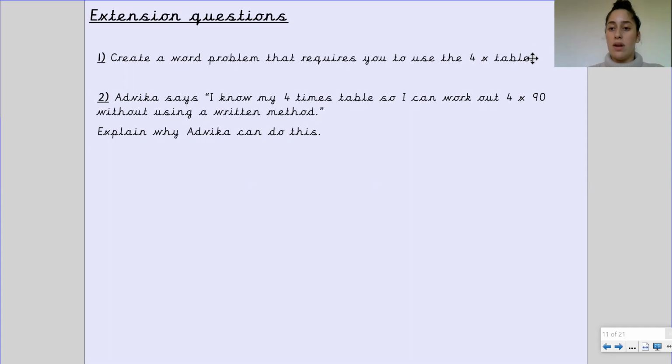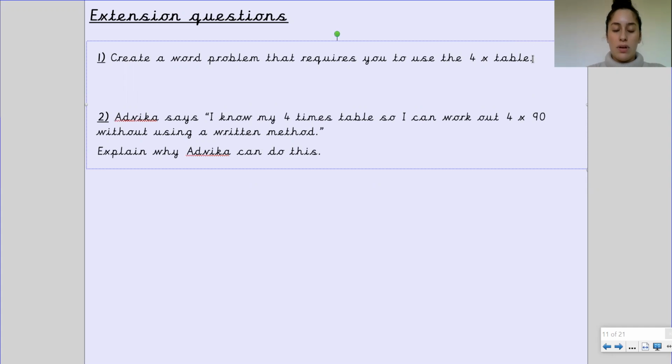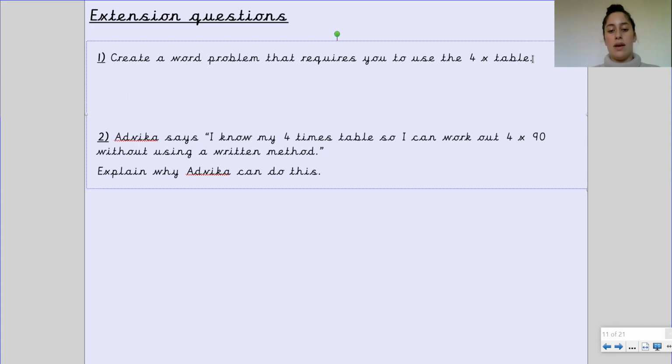One of you gave me a really good example, so I'm going to write this example down here to help you. So one of you said, apples come in boxes of 5, which means that there are 5 apples in each box.